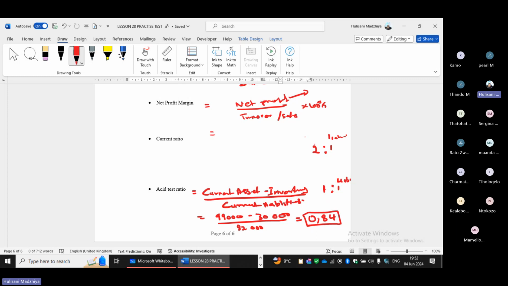And then on the current ratio, if your ratio comes back, for example, here it's going to say 99,000, which is the current assets, divided by current liabilities, which is 82,000. So here the ratio is going to say 1 comma something. Let's just calculate it.